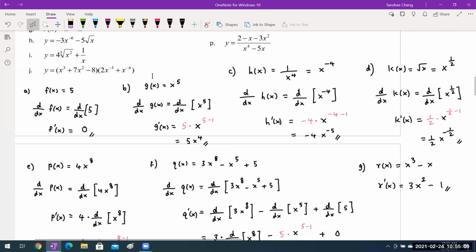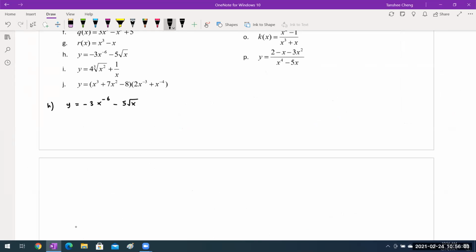H. Pause it for a second and see if you can do H quickly or not. The first step on this example H is to rewrite the square root into exponents. So this will be negative 3x to the negative 6 minus 5x to the 1/2 power. Then we're going to take the derivatives. When we take the derivatives on both sides, it will be y prime. This is a sum and difference, so I take the derivative of the first term.